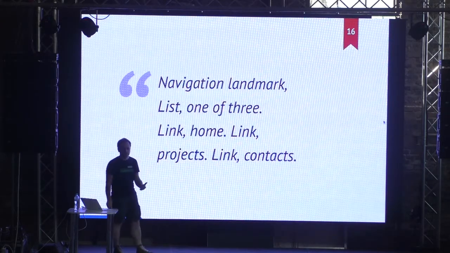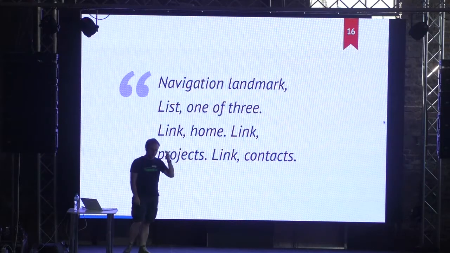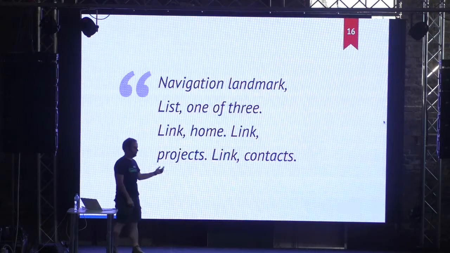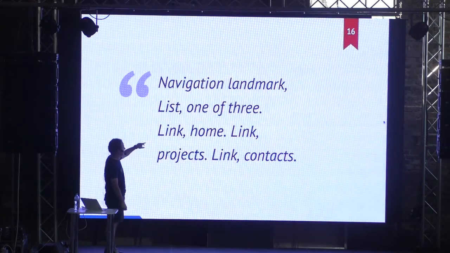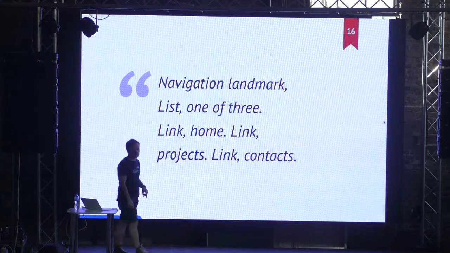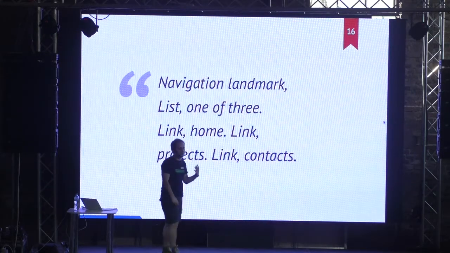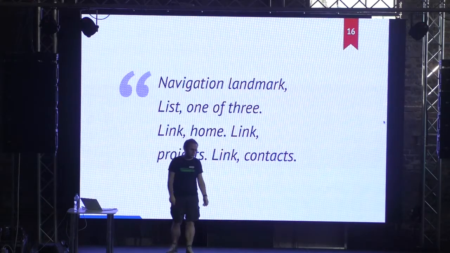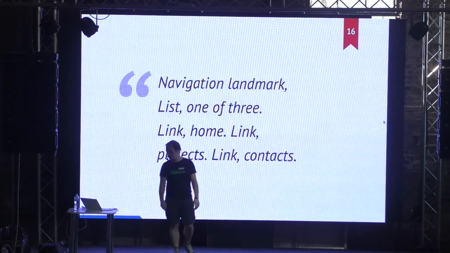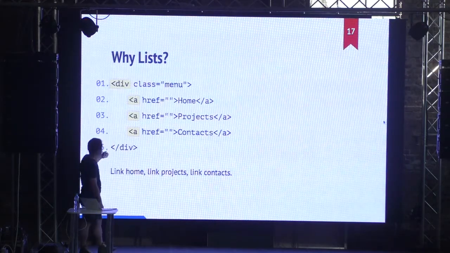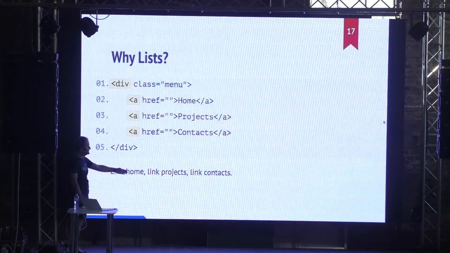So by using lists, you give this idea. The screen reader will read the number of items in this list, and only then will read link home, link projects, link contacts. That's why we need lists. This is a simple semantic markup. There's nothing too complicated about it. Without it, it will be just link home, link projects, link contacts.